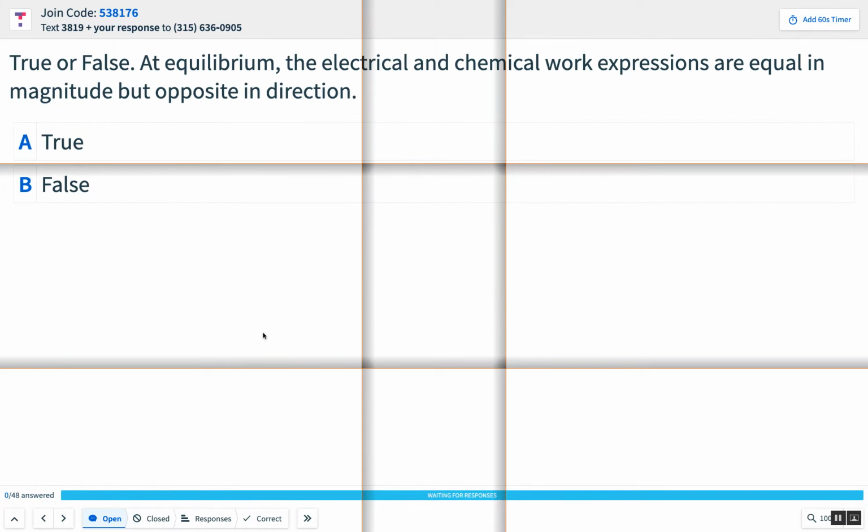On the exam, I've had this question before, and a lot of students have come up to me and asked, what is magnitude? That's just the amount. So you can almost read this question without that term: at equilibrium, the electrical and chemical work expressions are equal but opposite in direction. So if that confuses you, just cross it right out.